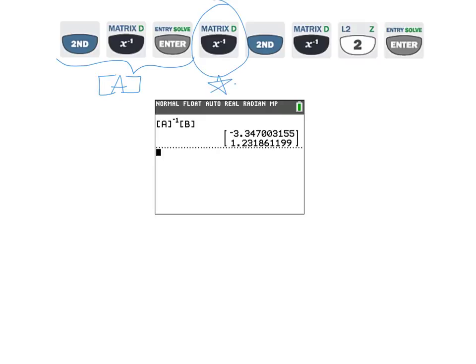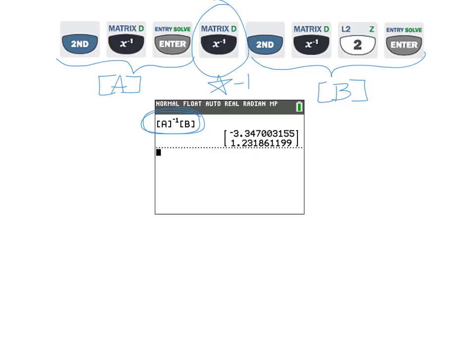That gives the little negative 1, the inverse beside matrix A. Then we need to call up matrix B. So second matrix and choose number 2, which is matrix B, and enter. And then this is what you should have on your screen. A inverse B.